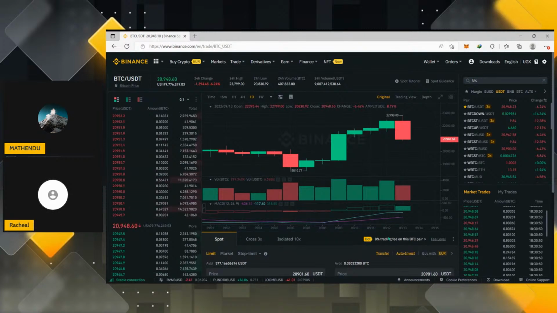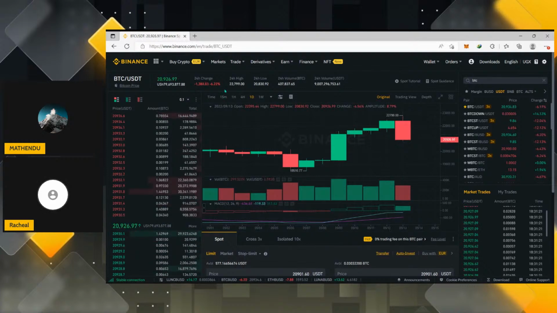A candlestick is a type of chart that graphically represents the price moves of an asset for a given time frame. Right now I'm looking at the 1 day, so I selected my time frame as 1 day, and when I zoom to the very last candle, it's red, and this specific candle is for 1 day.